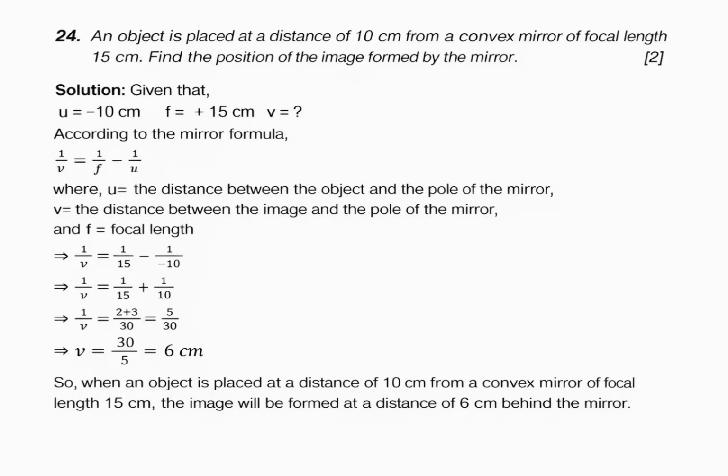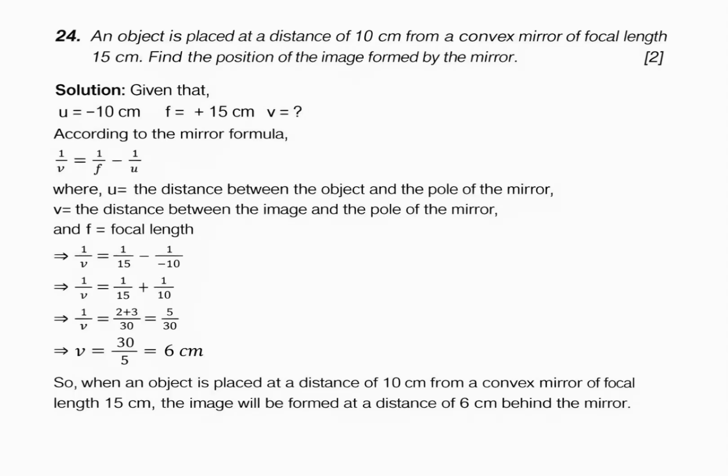Now substitute the values. 1 by v is equal to 1 by 15 minus of 1 by minus 10. Now minus and minus become plus. 1 by v is equal to 1 by 15 plus 1 by 10. Taking LCM of 15 and 10, which gives 30. 15 twos are 30, multiply 2 with 1. 10 threes are 30, multiply 3 with 1 in the numerator.